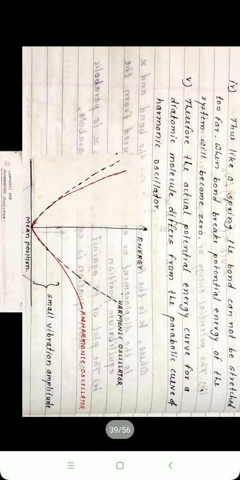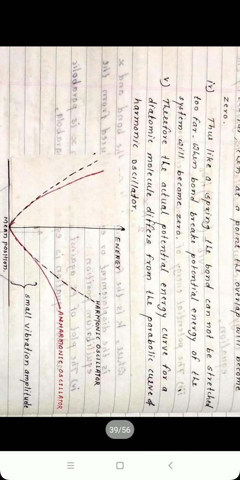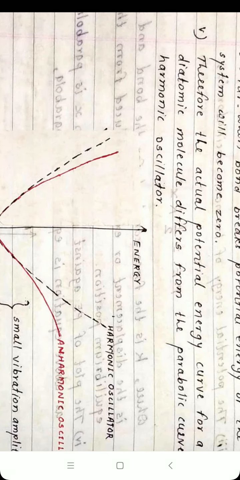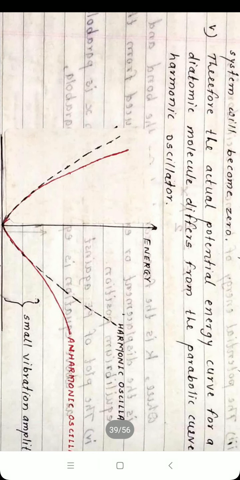Because of these two changes, there is a change in the graph of x versus potential energy. In this diagram, the dotted line indicates the graph of P against x for the model, which is parabolic, while the red line indicates P against x for the anharmonic oscillator, that is, the actual molecule.